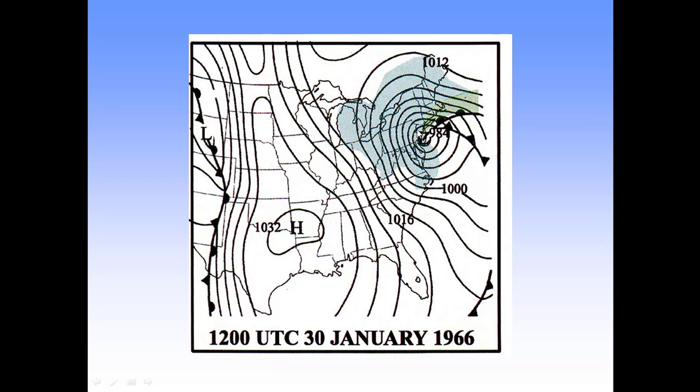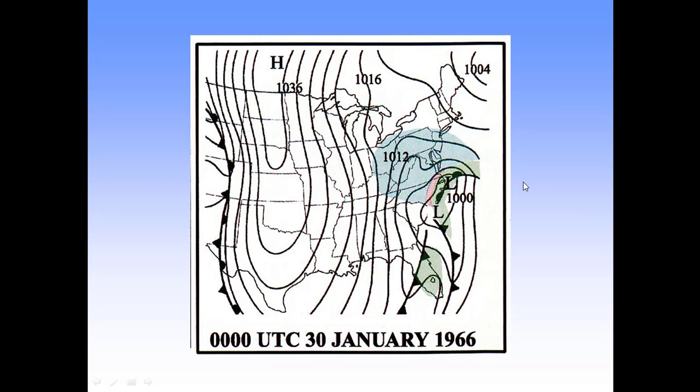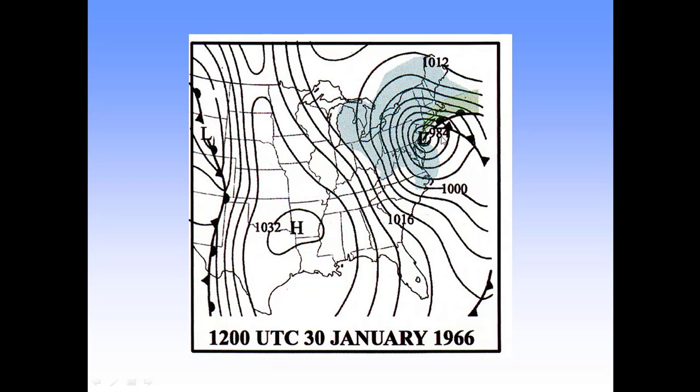And we notice that here our area of low pressure in 12 hours went from a 1,000 millibar low to a 984 millibar low. So it really intensified in a 12-hour period. And here you can see that it's bringing snow to parts of northern New England, which would include Maine, Vermont, and New Hampshire. And also here we have all this occlusion.